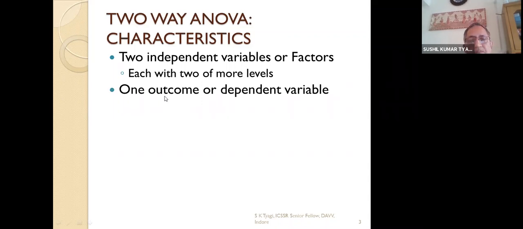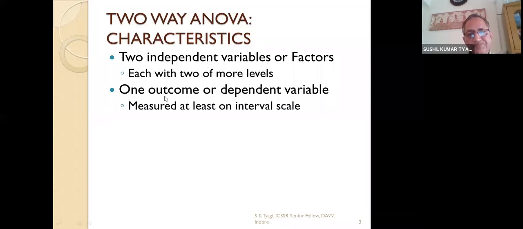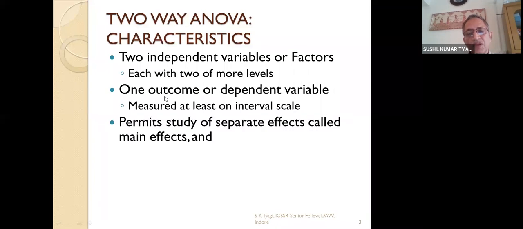Then there is one outcome or dependent variable. The effect of the factors is to be seen on some variable, and that is the dependent variable, which as usual should be measured at least on an interval scale so that we can have means, and means can be compared. Then what is the advantage of two-way ANOVA?